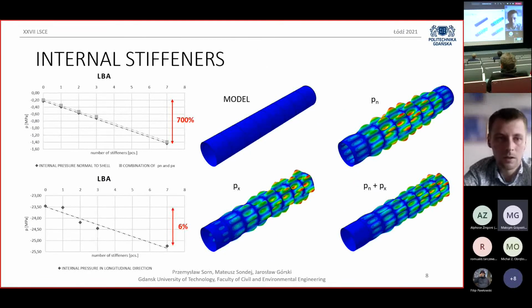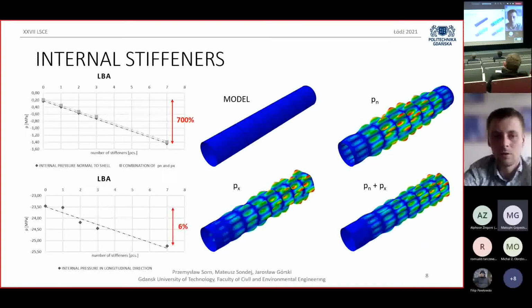On this chart, those are the results of the critical pressure and how it changed depending on the number of stiffeners that we put inside. The first graph represents the internal pressure normal to the shell and the combination of the normal pressure and longitudinal pressure. The bottom one represents the longitudinal pressure.